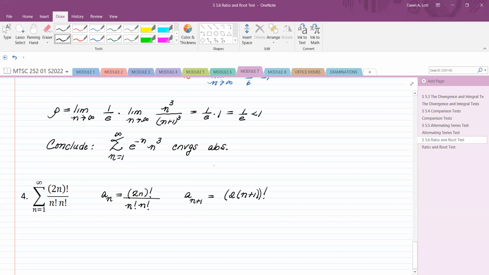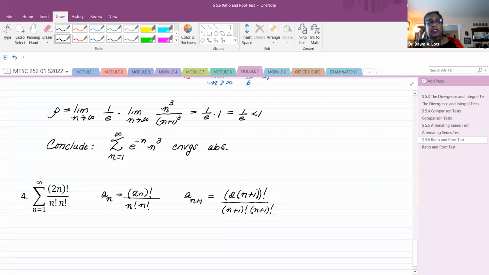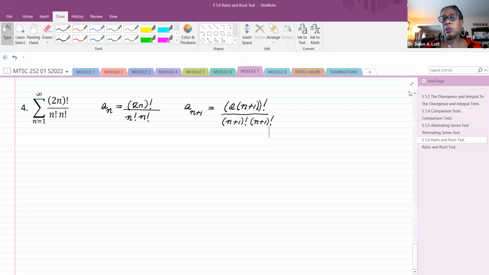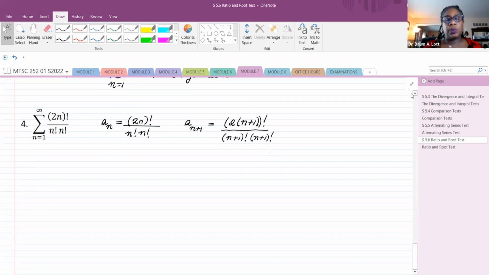And for the other one, I got parentheses n plus 1 close parentheses factorial, and the open parentheses n plus 1 factorial there. Gotcha. That's right. Okay. So the whole thing, you can't just write 2n plus 1. You have to write 2 times n plus 1.